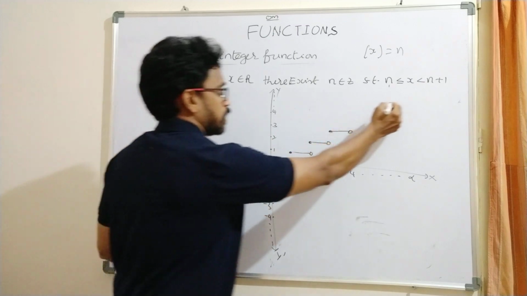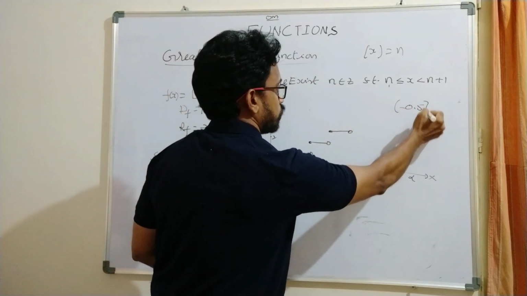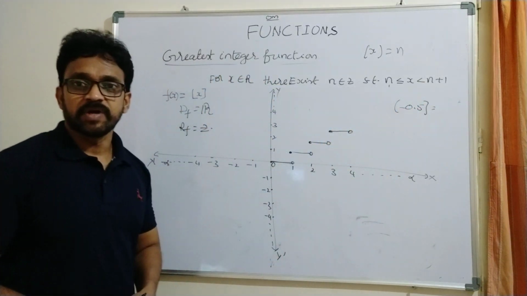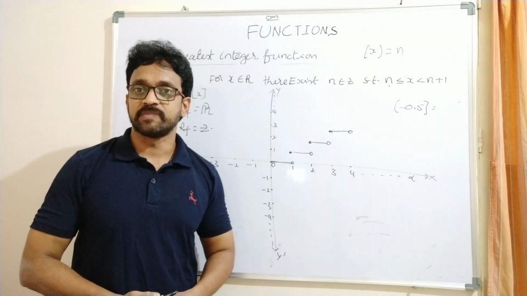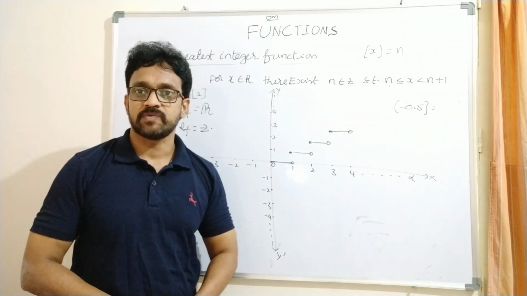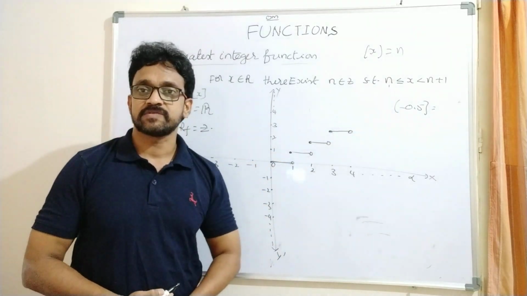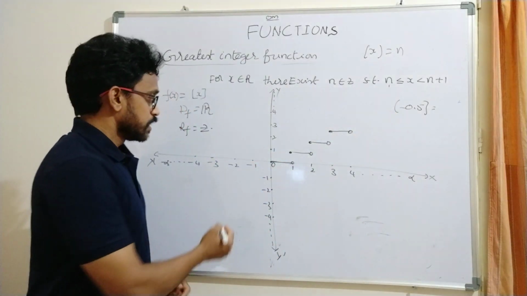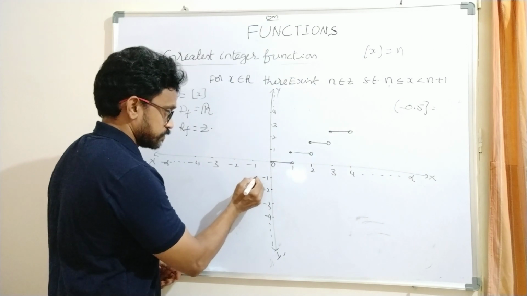Step minus 0.5. Minus 0.5 lies between minus 1 and 0. That's why step minus 0.5 is minus 1. Step minus 0.6, minus 1. Okay, that's why observing here.